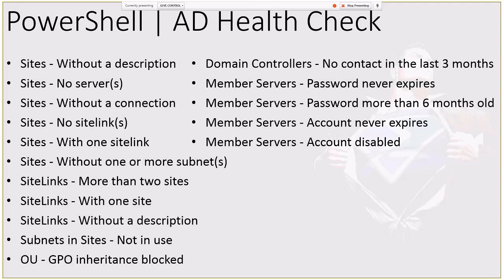The actual list before was double of this size, but I found that a few of the checks, the way I've written them, at that point didn't work across all the domains, or not in all situations. So I removed those currently from the script. And for the next version of the script, I want to include those checks again. So step by step they will be included, and I'm not making any promises on when.